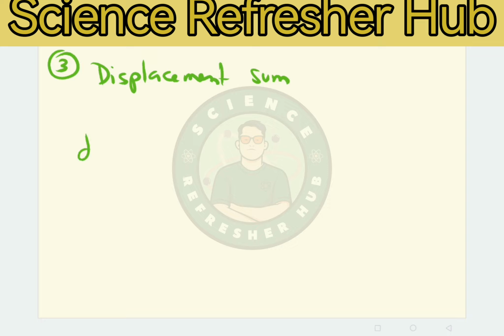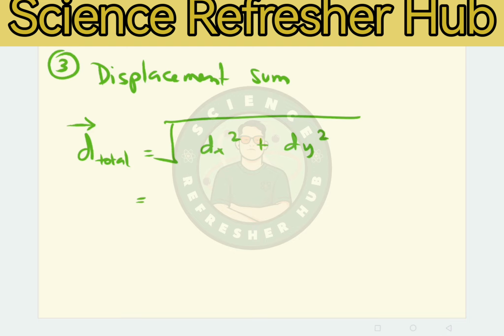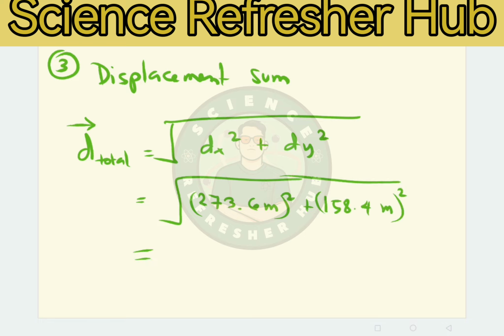So all we have to do is to get the displacement sum or the total displacement by using the Pythagorean theorem. So the x squared plus the y squared. If you could still recall, our dx is 273.6 meter squared plus the y 158.4 meter. Don't forget to square it out.